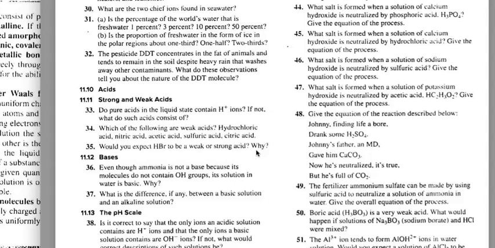So notice that bromine sits right under chlorine in the periodic table. So you would expect hydrogen bromide to also be a very strong acid. That's number 35.